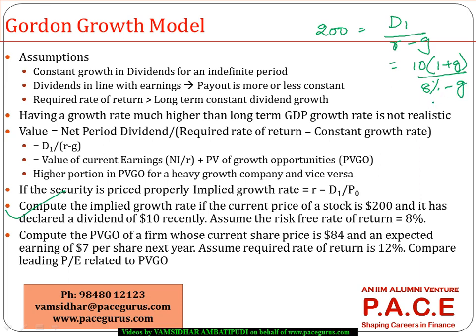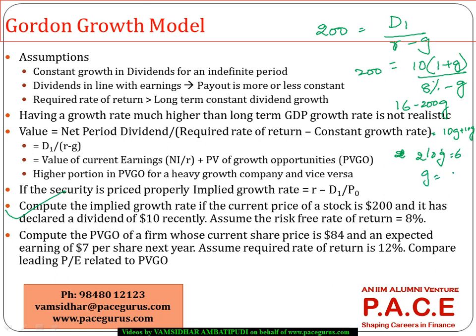Right? What is the formula here? So 200 equals 10 into (1 plus g) by (8% minus g). Which makes it 16 minus 200g equals 10 plus 10g. So directly, 210g is equal to 16 minus 10, which is 6.